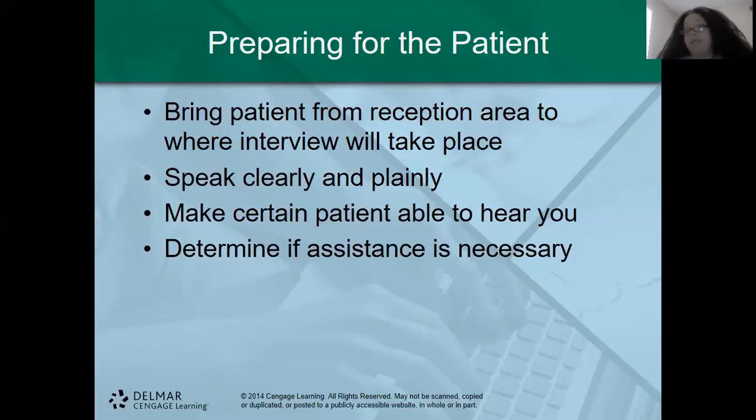Sometimes it's actually in the room. Wherever, make sure you speak clearly and plainly to the patient, and make sure that they are able to hear and understand you. And also determine if assistance is necessary. You can automatically know when assistance is necessary for a patient. It doesn't take long for people to know when someone needs assistance.